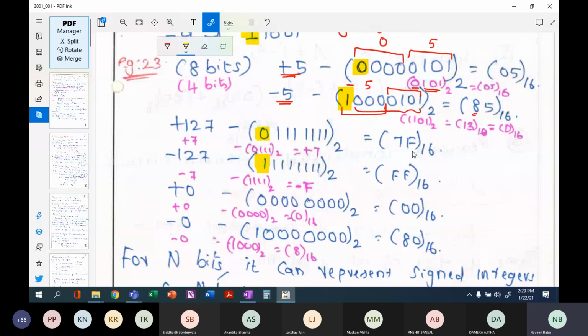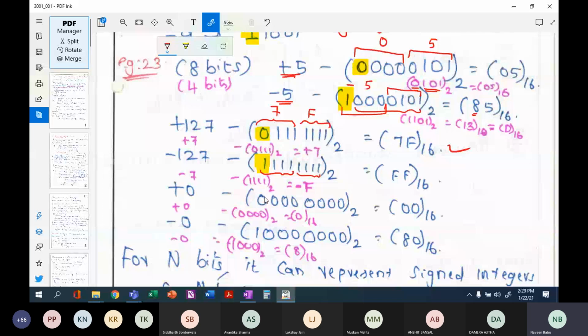It is 7F, because this group is 7 and this one is F, in terms of hexadecimal equivalent. Similarly, for minus 127, this corresponds to F and this also corresponds to F. So FF in terms of hexadecimal equivalent.